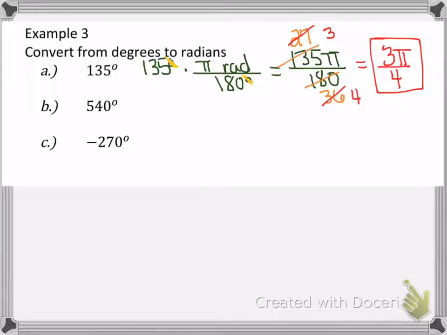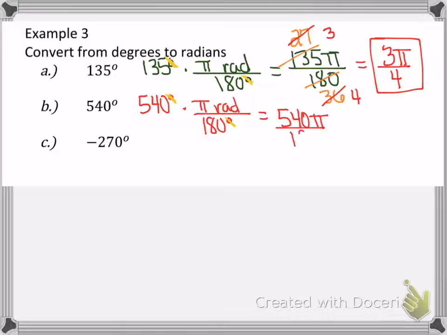Number 2, I have 540 degrees. I'm going to multiply that by pi radians over 180 degrees. Again, first my degrees will cancel, so I end up getting 540 pi over 180. First, they're both divisible by 10, so the zeros go away.